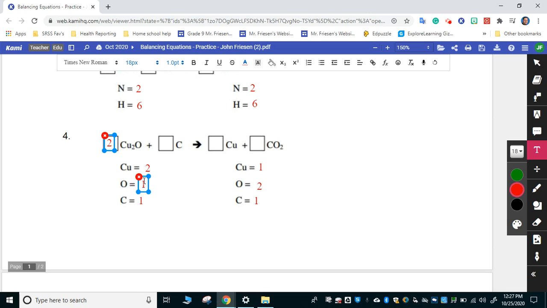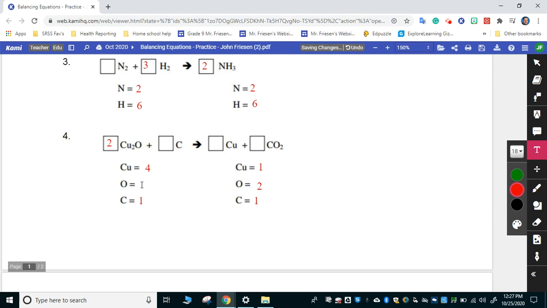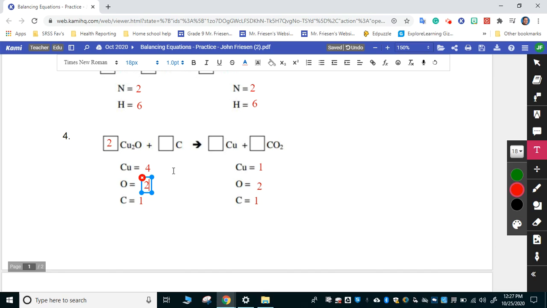So if that makes that a 2, that'll make our O a 2, but it also makes our Cu a 4. Okay, so now our C and our O are balanced, but our Cu is no longer balanced.